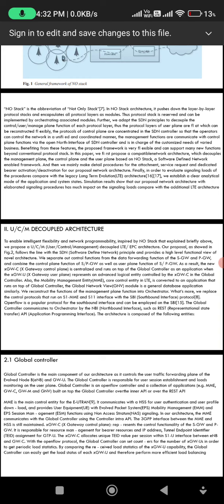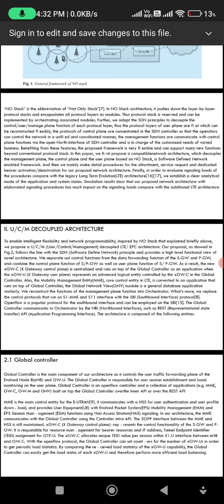The protocol stack is reserved and can be implemented by orchestrating associated modules. Further, we adopt SDN principles to decouple the control, user and management plane functions of each protocol layer.